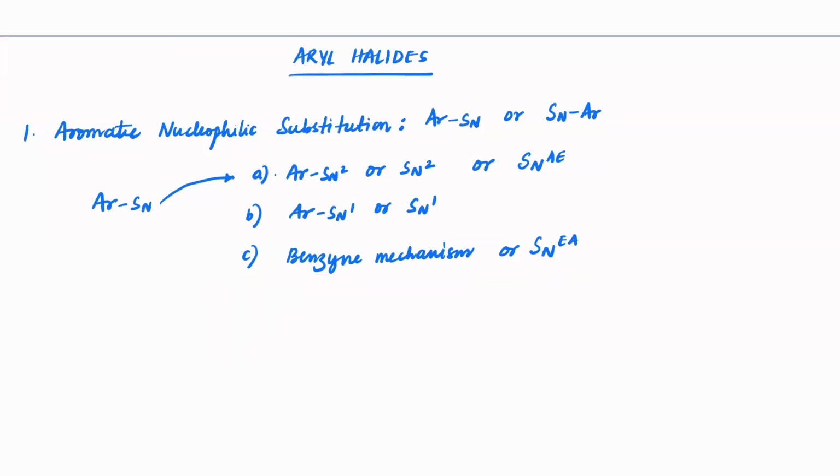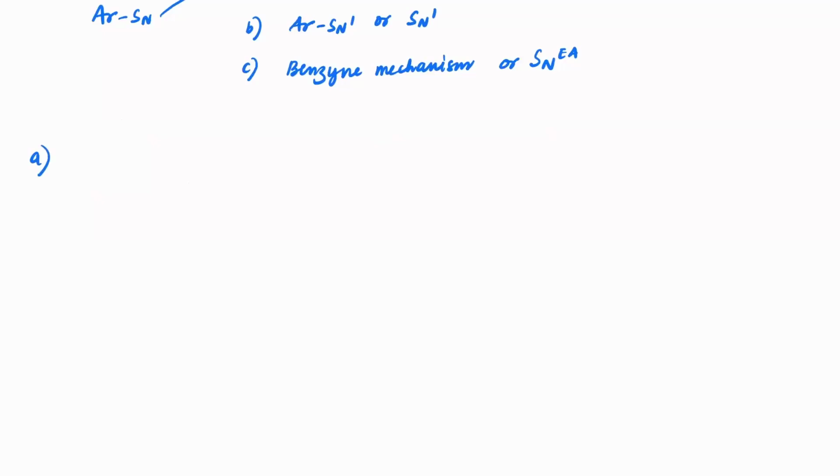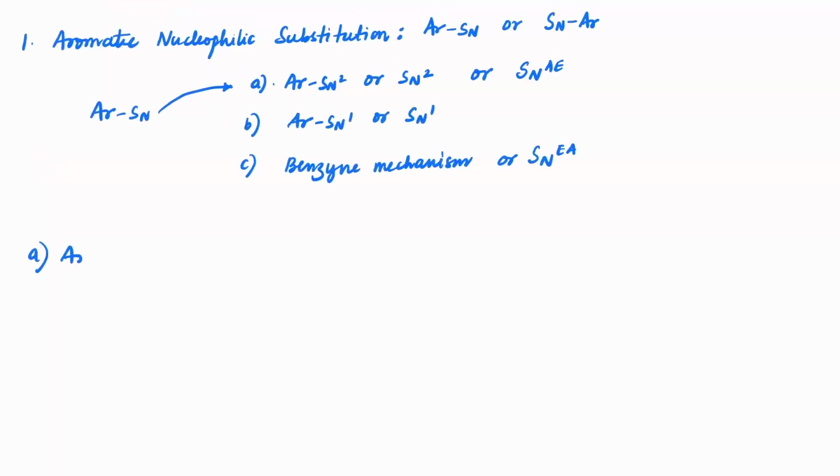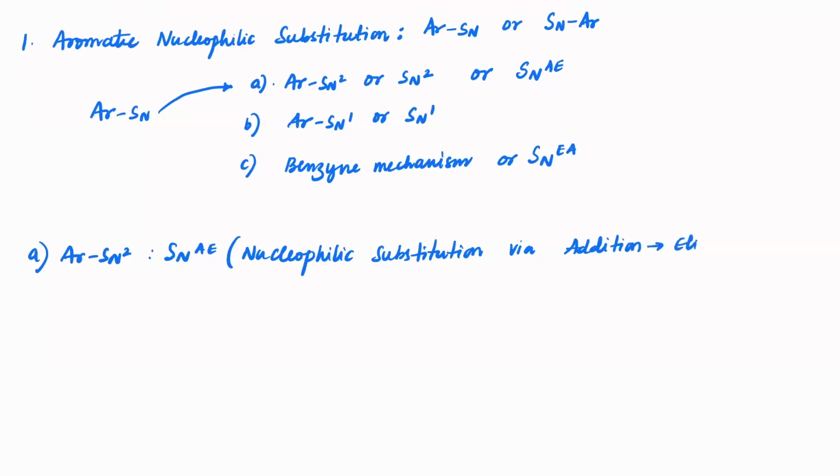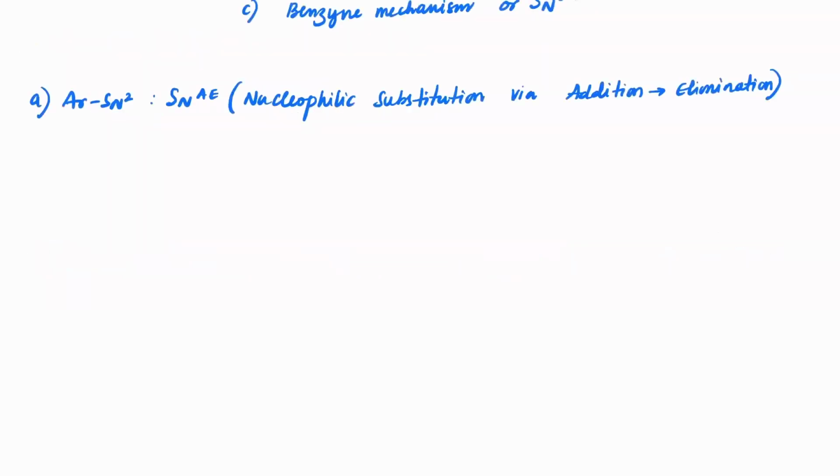The first kind we will notice is ArSN2, or simply SNAE, nucleophilic substitution via addition followed by elimination. Addition followed by elimination, this is what is undergoing. Clear?